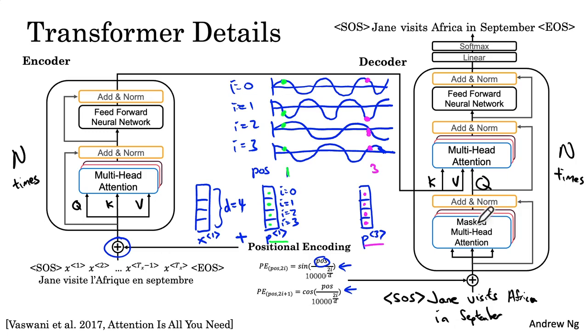In other words, all that masked multi-head attention does is it repeatedly pretends that the network had perfectly translated, say, the first few words, and hides the remaining words to see if, given a perfect first part of the translation, whether the neural network can predict the next word in the sequence accurately.